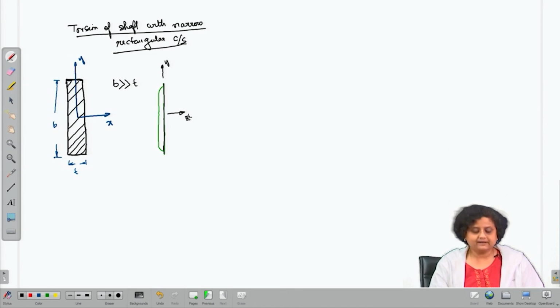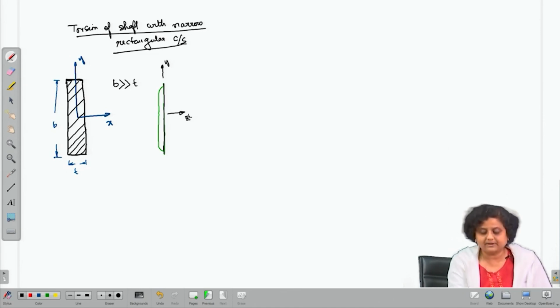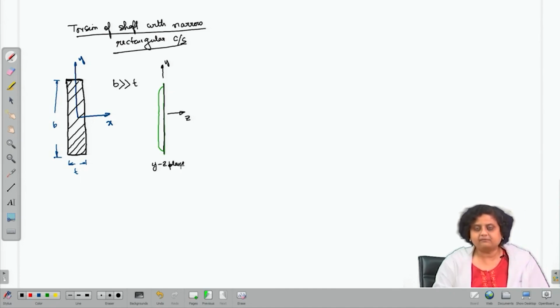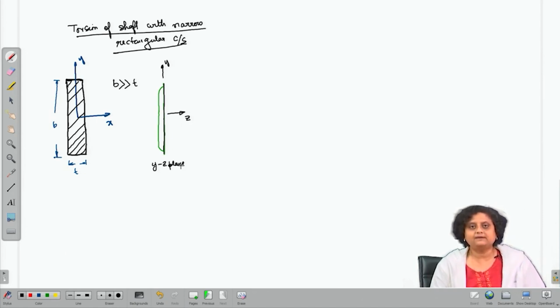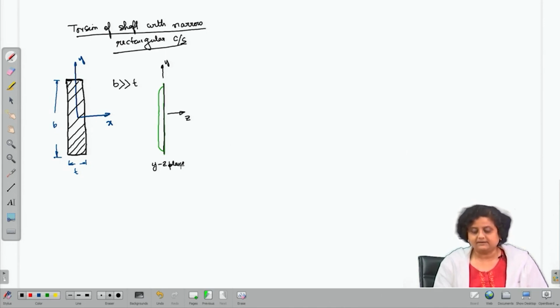The green color line shows the deformed shape of the membrane in the YZ plane. It is very easy to visualize the deformed shape of the membrane. Because it is very narrow, the deformed shape is going to be like this in the YZ plane.